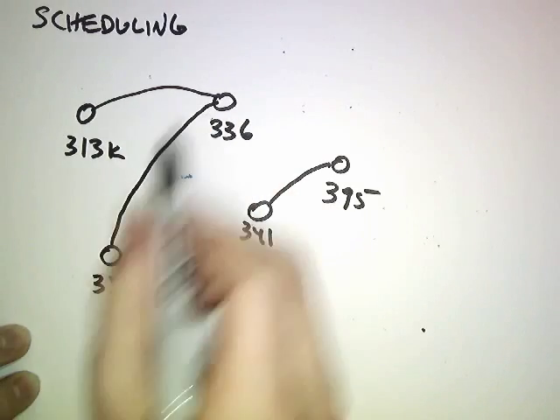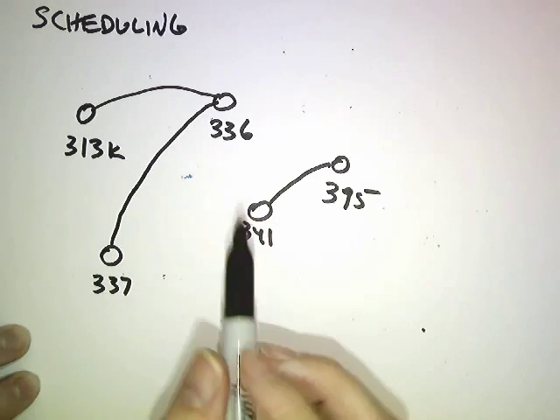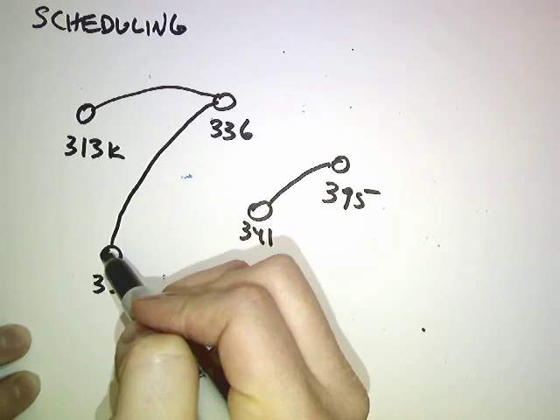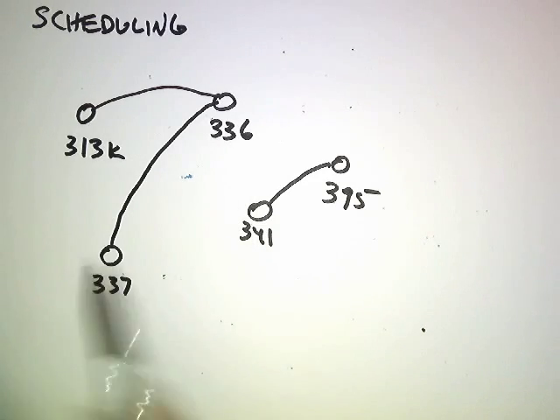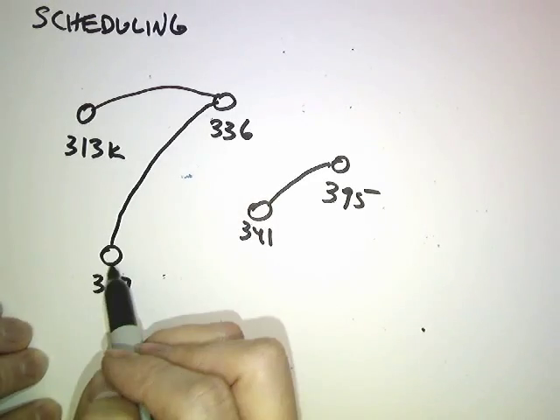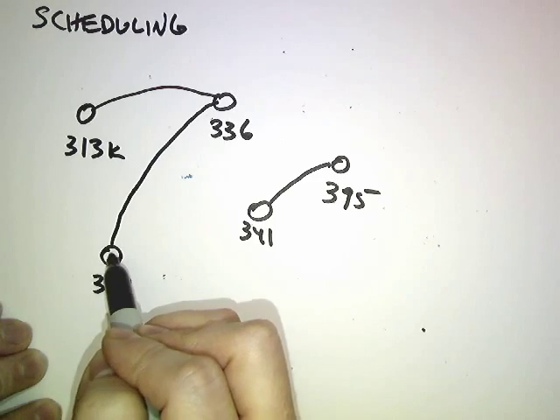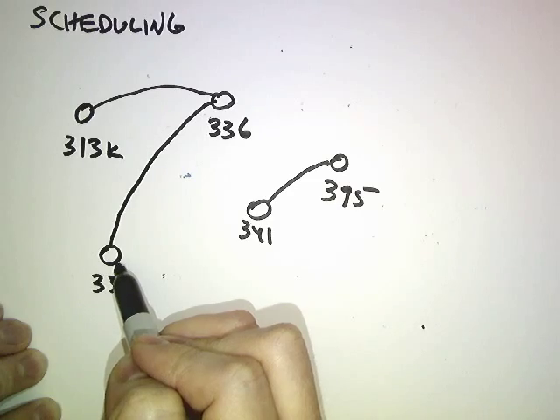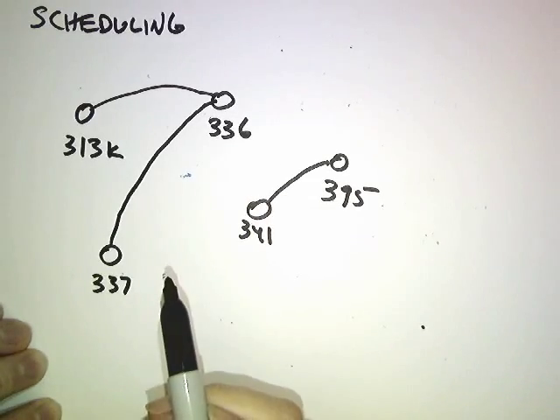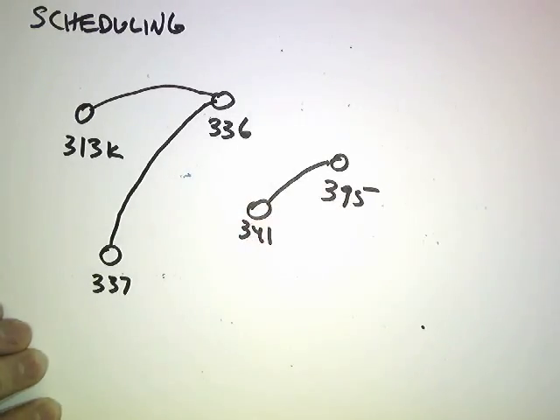So now remember, we're not going to have multiple edges. But this edge sort of means that there's a potential conflict. We want to schedule all these courses so that there are no conflicts. So, for example, since there's an edge between 337 and 336, we know that we can't schedule 337 at 1 p.m. and 336 at 1 p.m. because it'll conflict for this student.